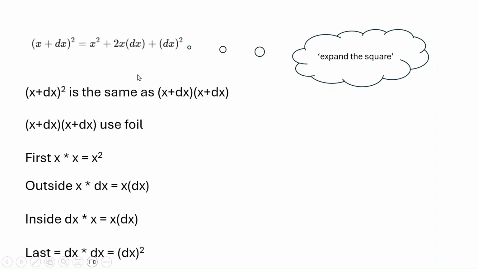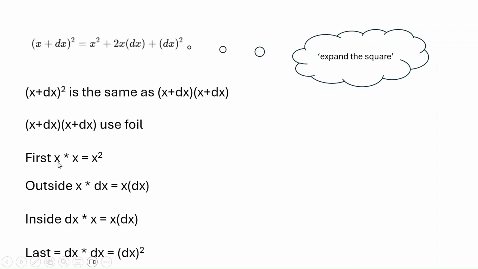There's a lot of x's going on in this. x plus dx squared is effectively the same as x plus dx times x plus dx. Now we can use a technique called FOIL, where we multiply the first two terms together, the outside terms together, the inside terms together, and the last two terms together. That's how we expand a square in this instance.